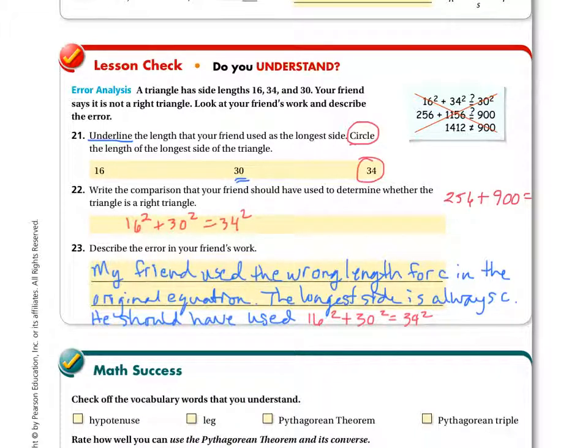And then what's 34 squared? 1156. Please add for me 900 and 256. Does that equal 1156? Okay, so this is a right triangle, is it not? And that's what his work should have looked like above.